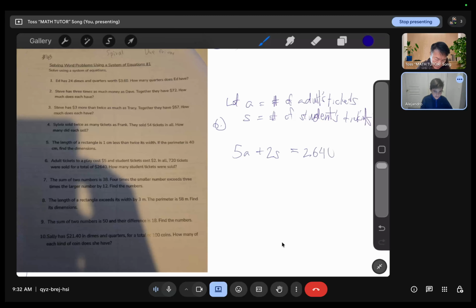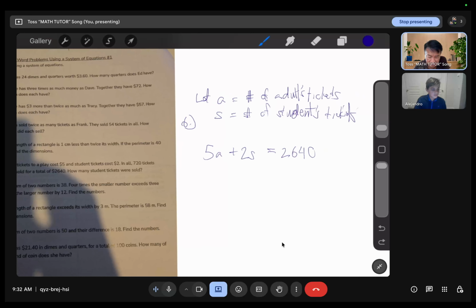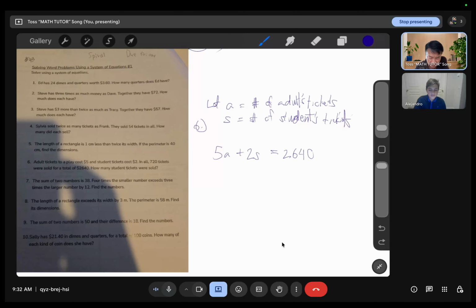Yep. That means this place is huge. So this is the cost equation, relating to money, relating to dollars.